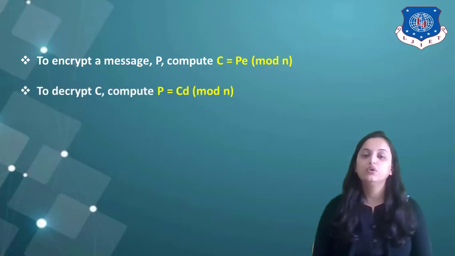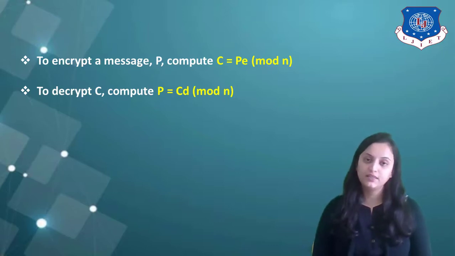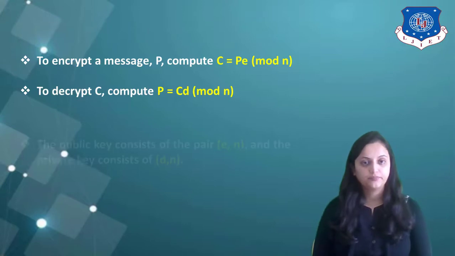Next, to decrypt the ciphertext, that means to recover the original message at the receiver side, based on the decryption algorithm, we need to compute P, that is equal to C^d modulo n. These are the basic two formulas which are used for obtaining ciphertext and plain text.